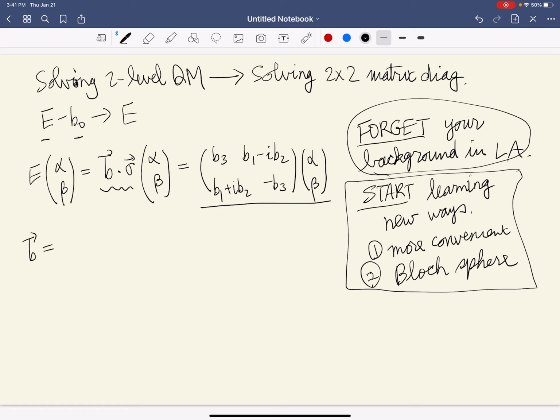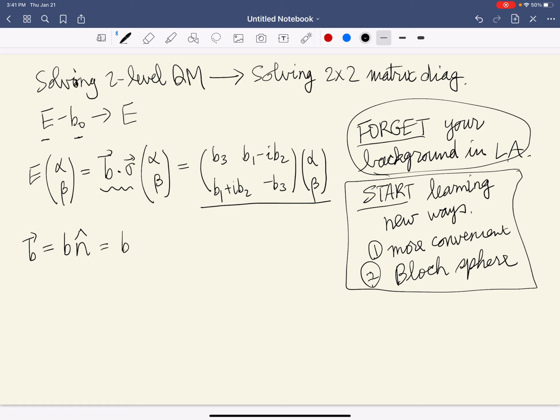So since B is just an ordinary three-dimensional vector, I can decompose that vector in terms of its magnitude and some unit vector.